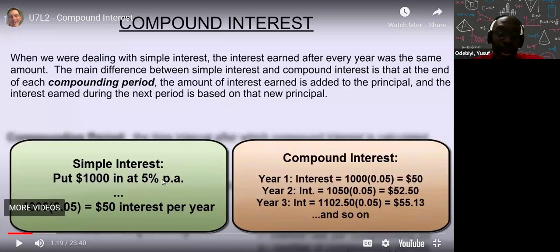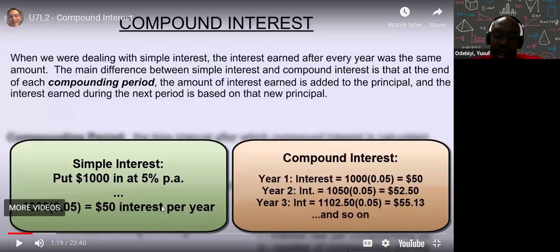So the first year, the simple and compound interest will have the same interest amount, which is $50. But if you look at the compound interest, at the start of year 2, my new principal now is 1,050. So my interest rate is applied to the 1,050. So now my interest amount, the money amount, is now $52.50, right?